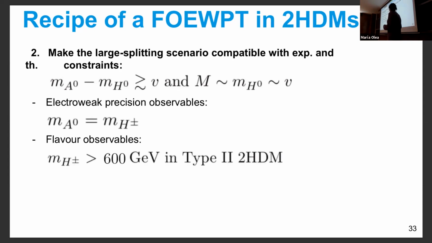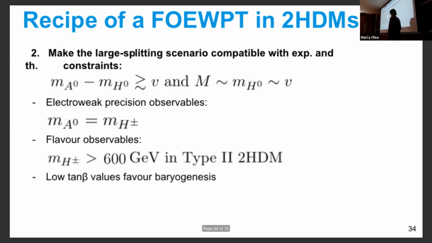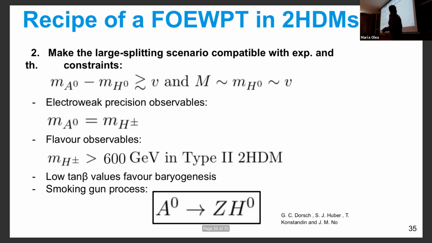And also to take into account flavor observables, which constrain the plane of tan beta and the mass of the charged Higgs, we have to take into account that it has to be larger than 600 GeV, more or less. Also, low tan beta values favor baryogenesis. And this scenario of large mass splittings has a smoking gun process. That is the decay of the pseudoscalar into a Z boson and the CP-even additional Higgs.